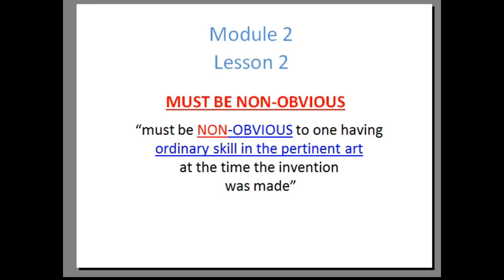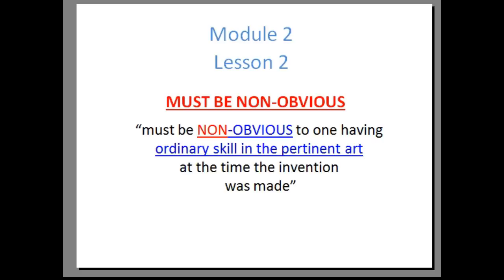Module 2, Lesson 2: it must be non-obvious. In other words, your idea must be sufficiently different from what has been used or described before. For example, a change in color or a change in size are not usually patentable.